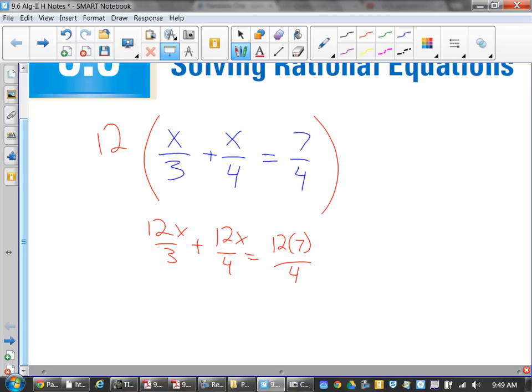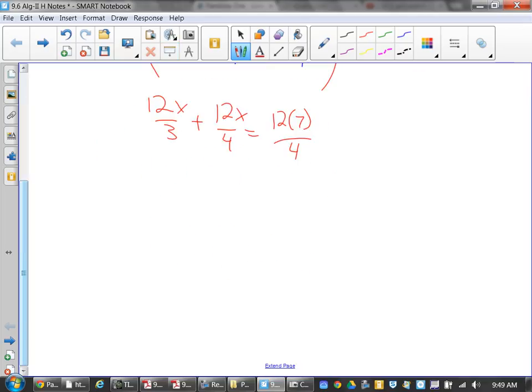When I'm multiplying a fraction by a whole number, I'm just multiplying numerators. This is 12 over 1. It's different when working with equations, because we're keeping things balanced: as long as you do something to one side, you do it to the other, as opposed to multiplying by a factor of 1 straight through.